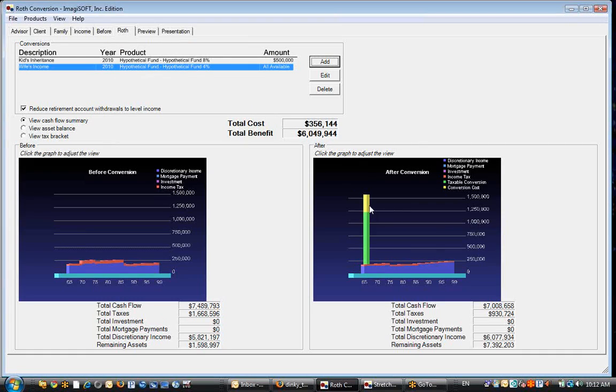So now we've got a similar looking thing, except instead of an income increase here because of the RMD, we don't need the income increase there. We need it out here after the husband passes away. So now instead of this drop, we actually have an increase going up here.